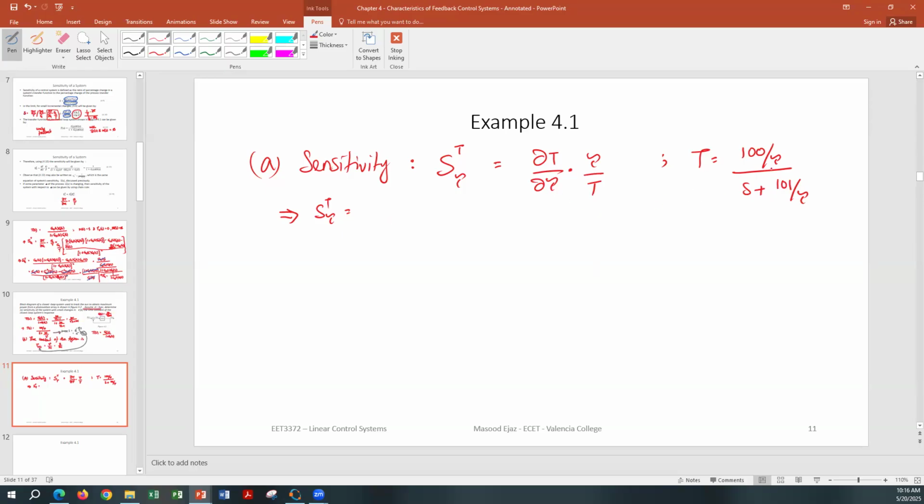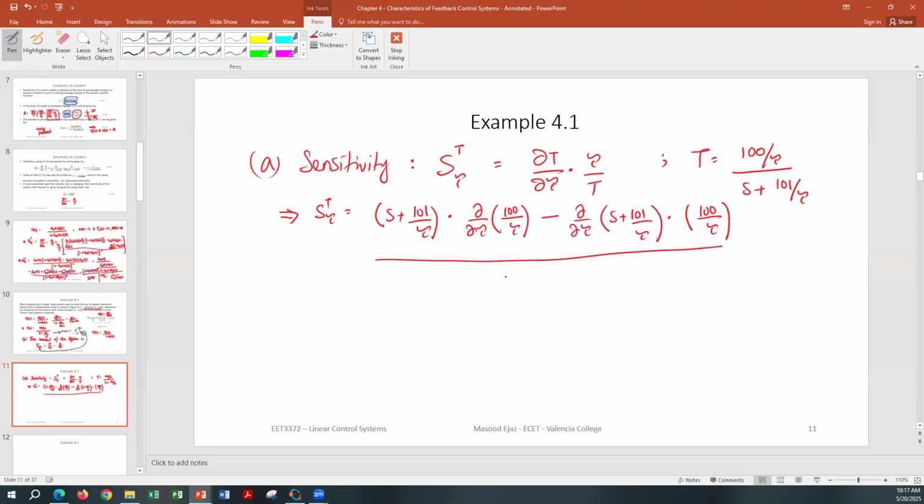So derivative of the numerator times the denominator, s plus 101 over tau, where the derivative of the numerator with respect to tau is d over d tau of 100 over tau, minus derivative of the denominator with respect to tau, s plus 101 over tau, times the numerator 100, divided by s plus 101 over tau squared, times tau over T, and T is 100 over tau.